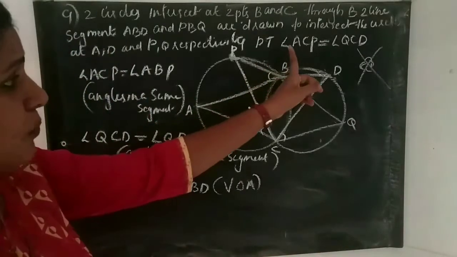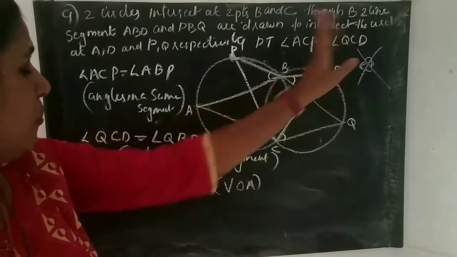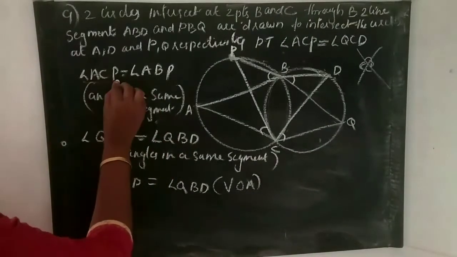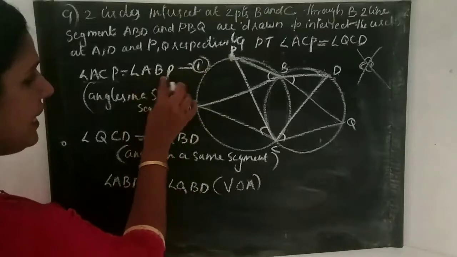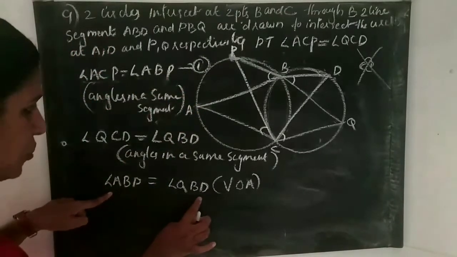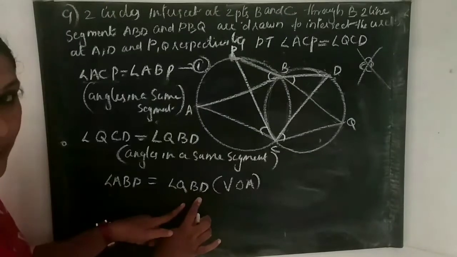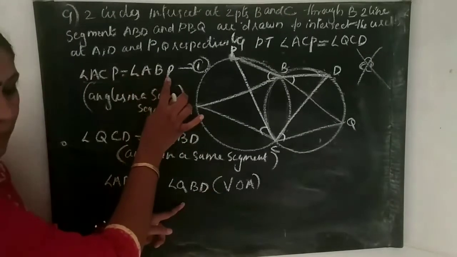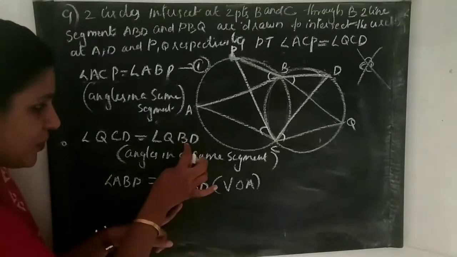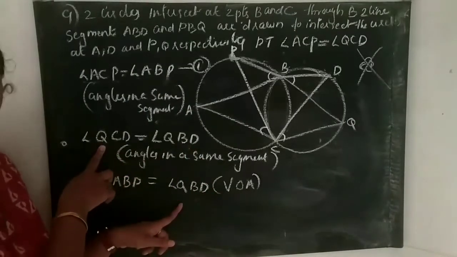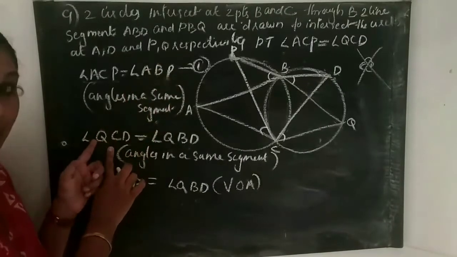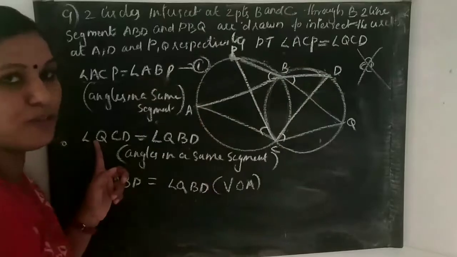Okay. Now we have to prove angle ACP equals QCD. See children, here we get angle ACP equals ABP. That is equation number 1. Angle ABP equals QBD. ACP equals ABP, this ABP equals this angle QBD, and this QBD equals angle QCD. So instead of angle ABP, we can write angle QCD. That's what we have to prove.